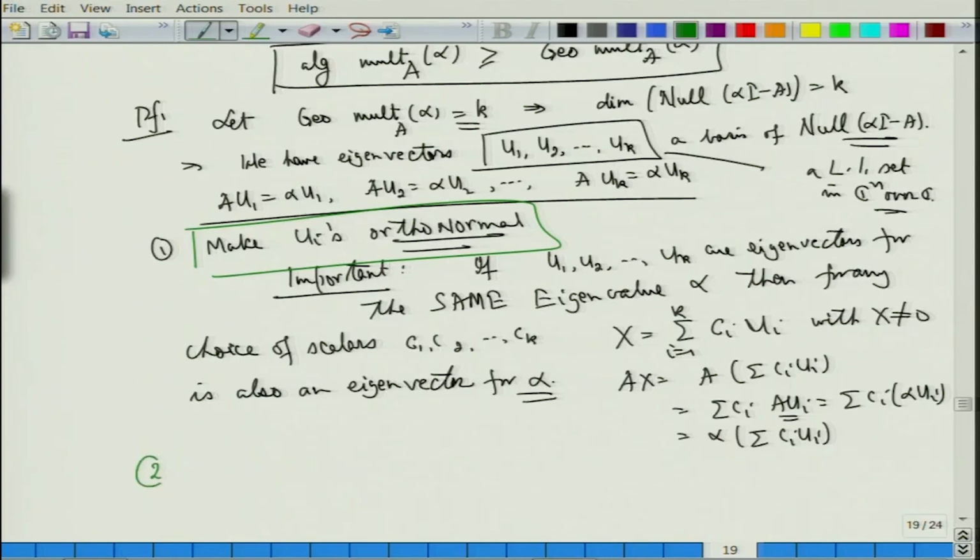Now two. Without loss of generality, let the ui's be orthonormal.